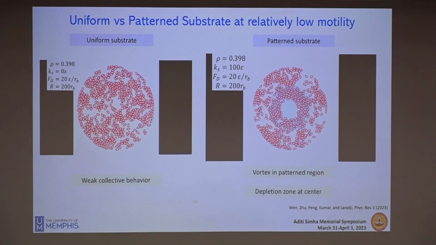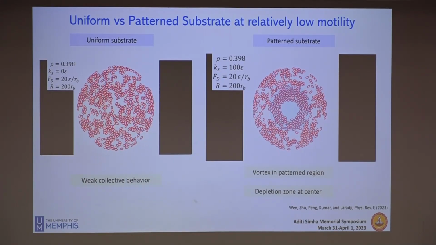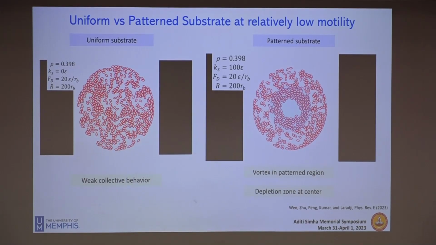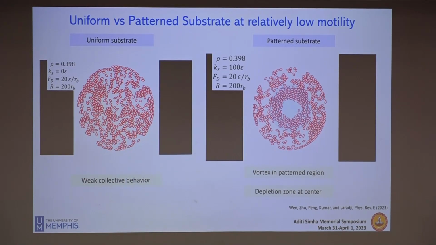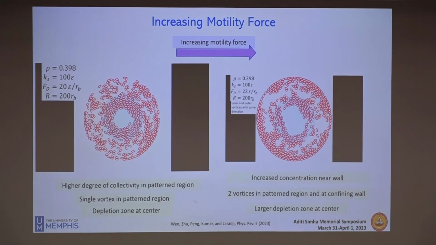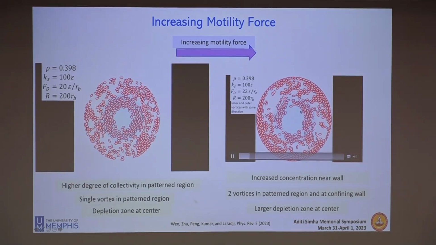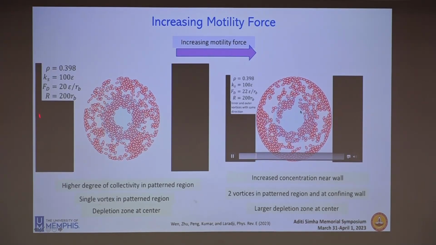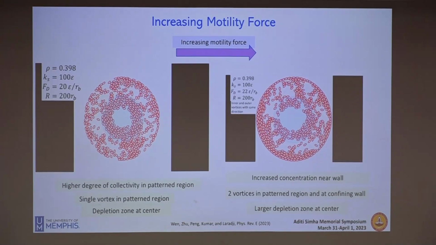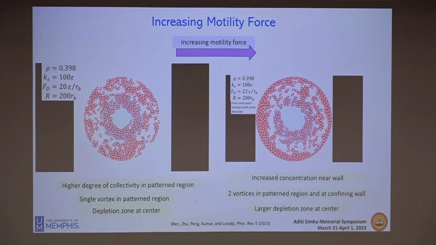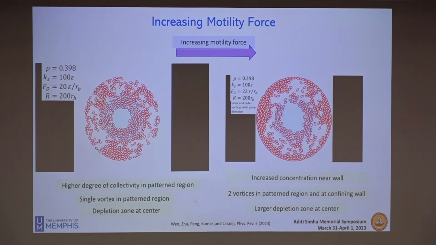And that vortex seems to be unidirectional. The chirality doesn't change. And these are 2 examples of a system with a low driving force and a high driving force at the same packing fraction of the particles.